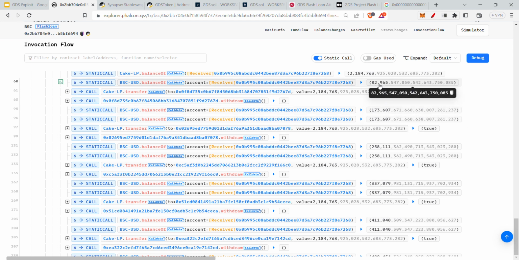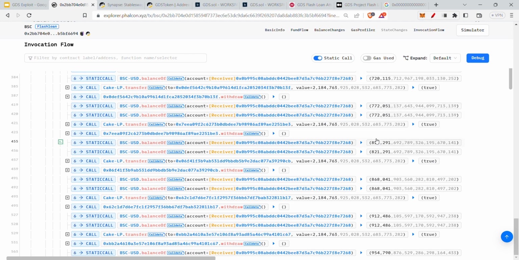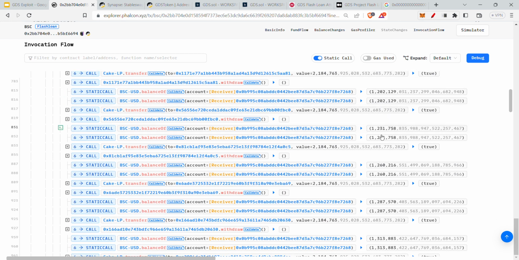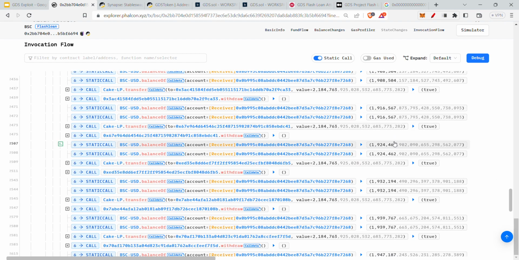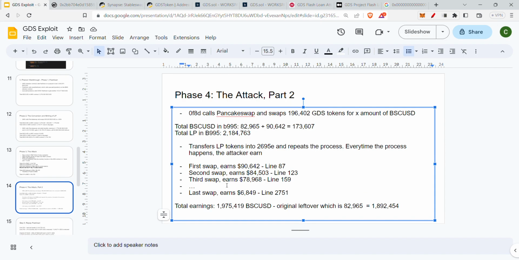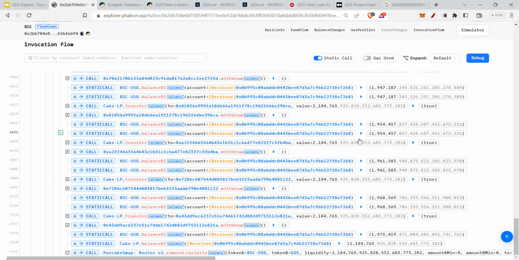Alright, because of the leftover 82,000 tokens. And then he keeps doing it, and you notice it increases, but it increases slower than before. So if you keep scrolling down, you realize that at this point, he only earned 8,000. And the last time, which I mentioned, he only earned 6,000.